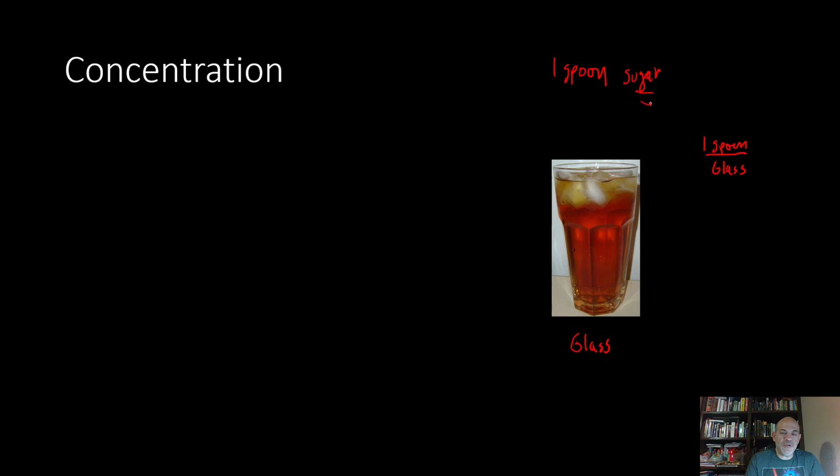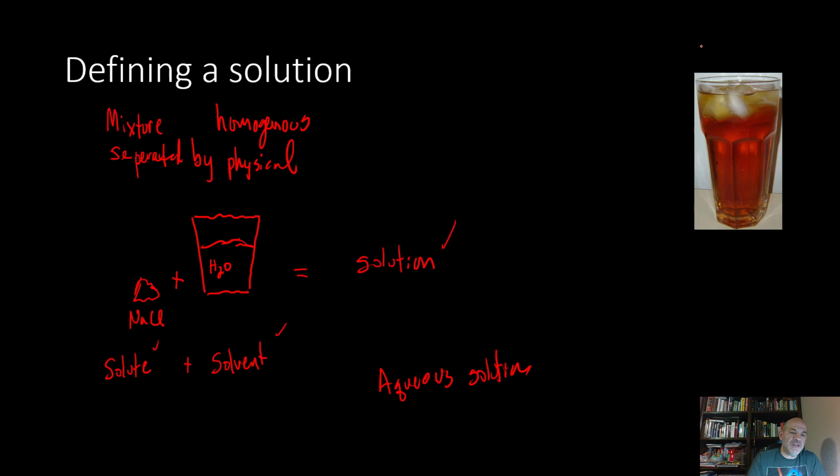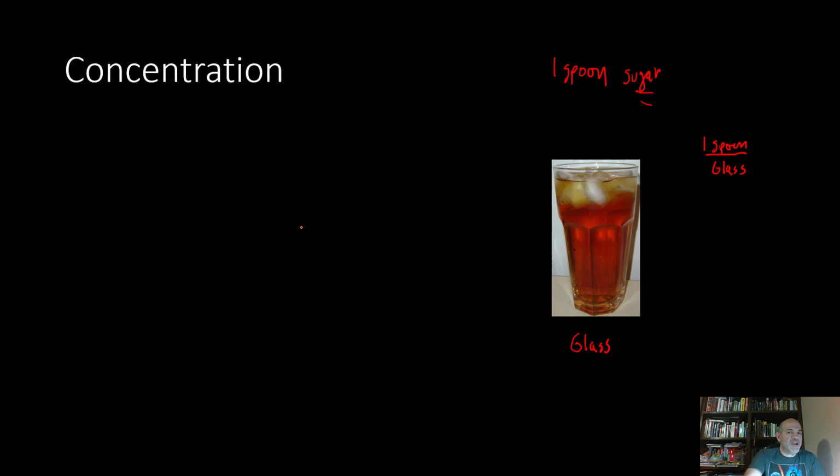When we go back to those terms from over here, what you want to think right now is, was the sugar the solute or was it the solvent, right? And then we made the solution, right? So before we put the sugar in there, technically the solvent was the tea, right? The tea water, okay? And then we put the sugar in there. The sugar is the solute. So what we really have here is a ratio in this concentration of the solute, okay?